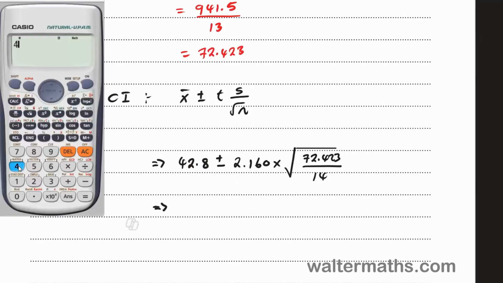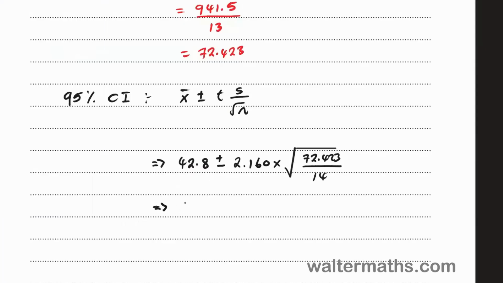So we're gonna get here using the calculator 42.8 minus 2.160 times the square root of 72.423, and that's over 14, right? And this gives us 37.9, to 3SF.